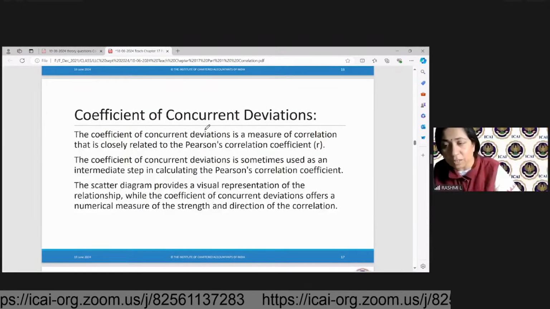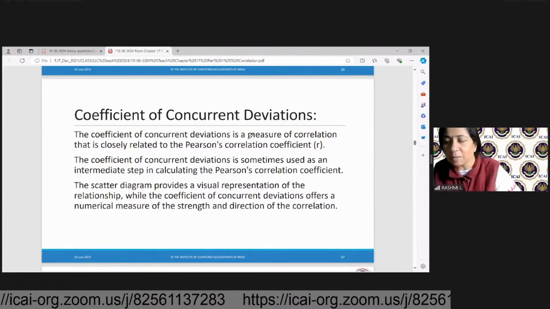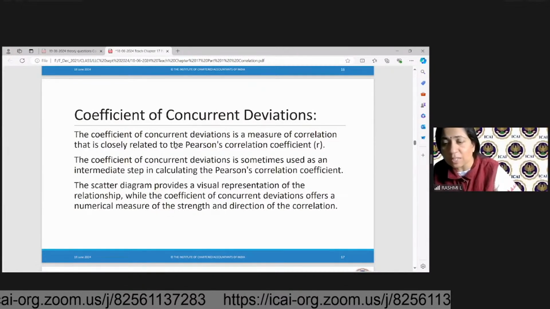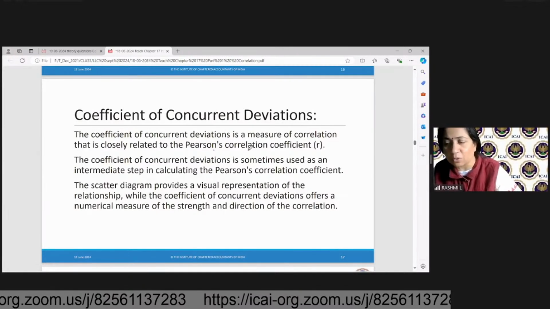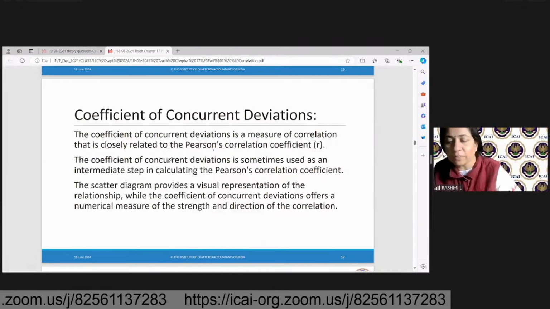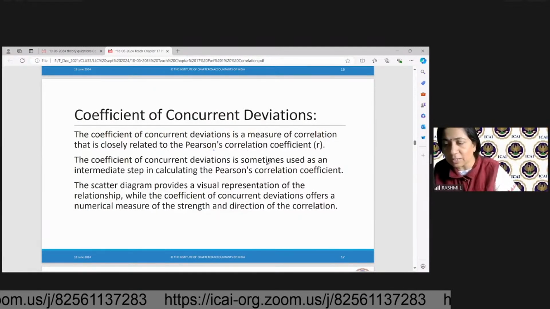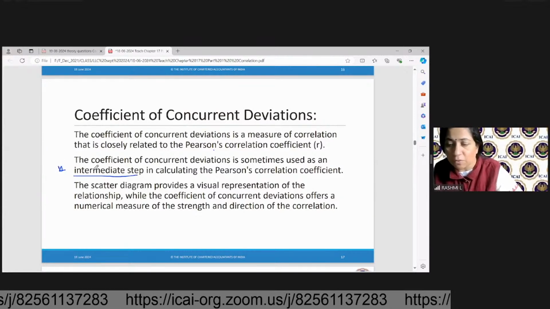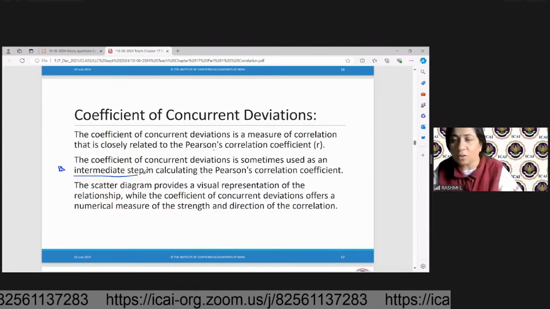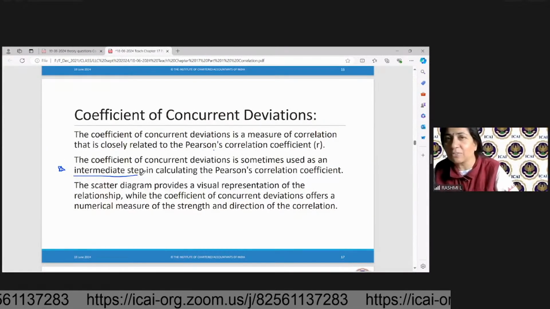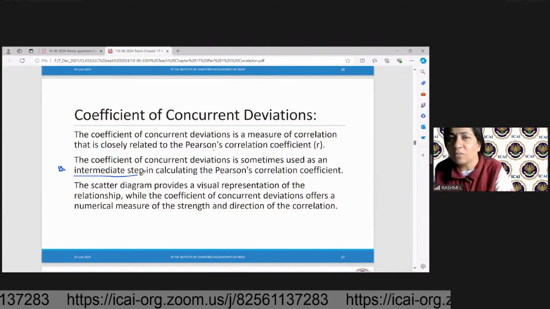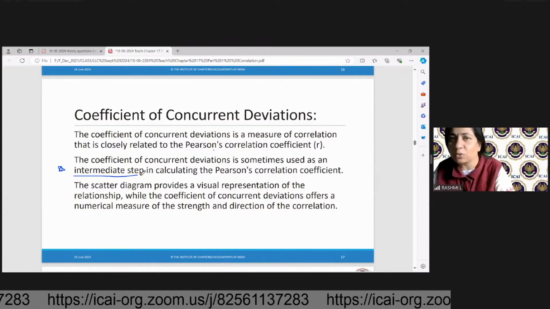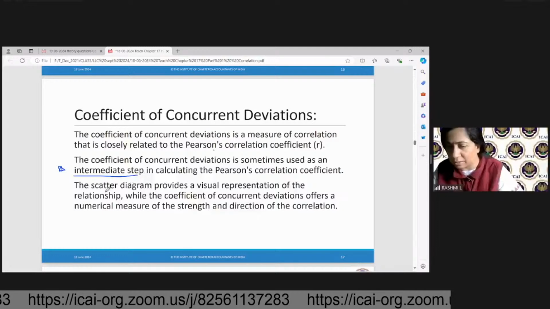Now, the coefficient of concurrent deviation is a measure of correlation that is closely related to the Pearson correlation. It is sometimes used as an intermediate step for calculating the Pearson. So when I want to find out, I'll first find the concurrent deviation, get a fair idea, and then go to the actual Pearson.